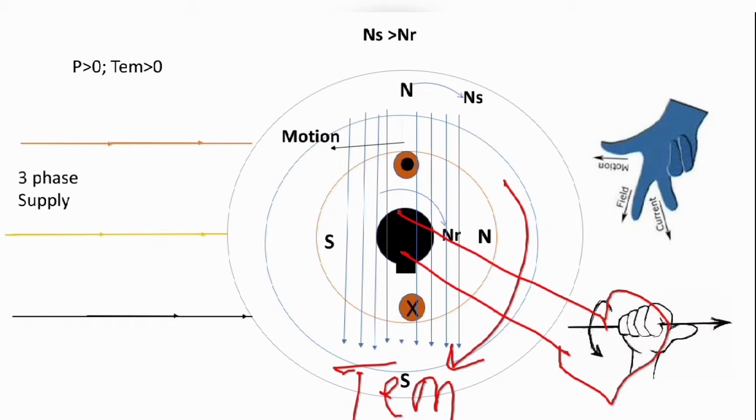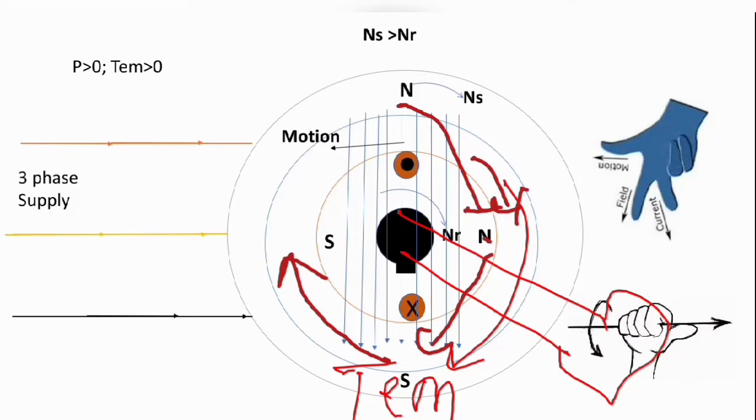This one is north, this one is north, so north and north repel each other, so the movement will be like this. North and south attract each other. South and south repel each other, and south and north attract each other. So this type of rotation, or torque, is developed here.